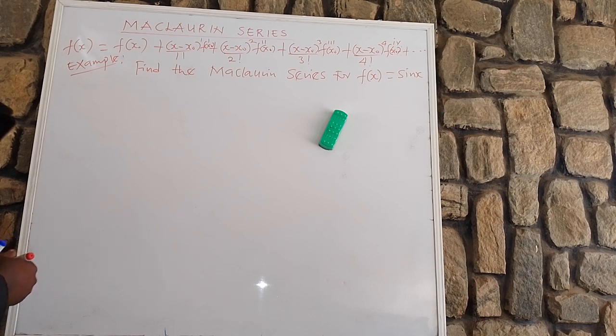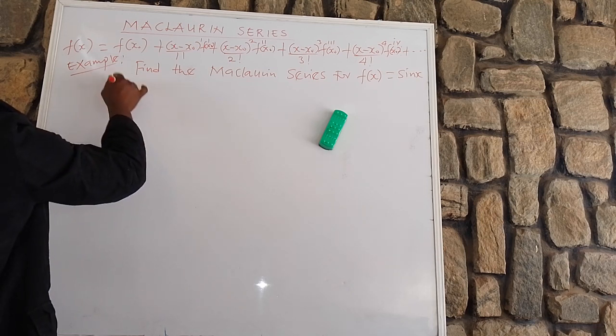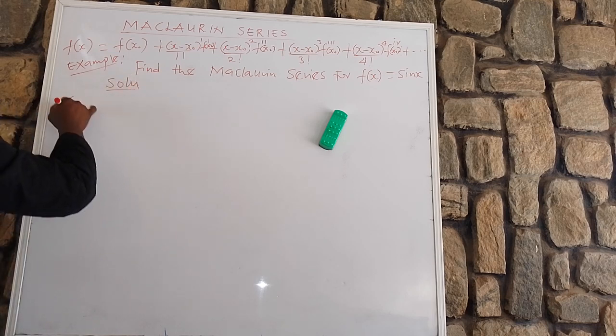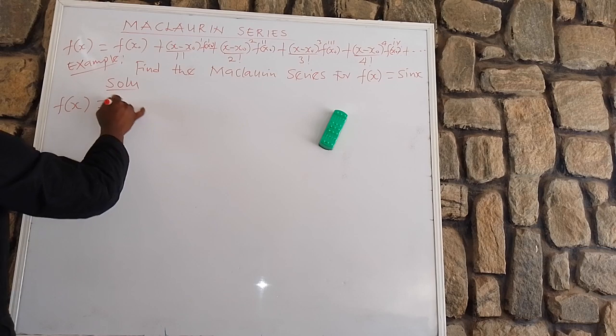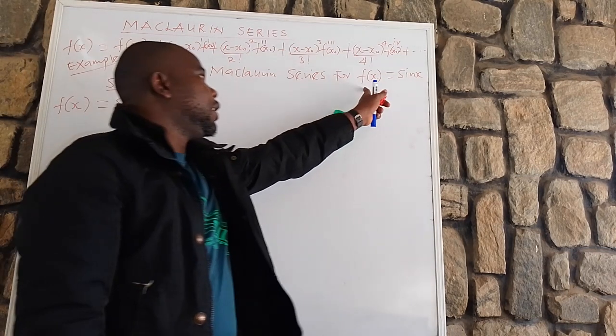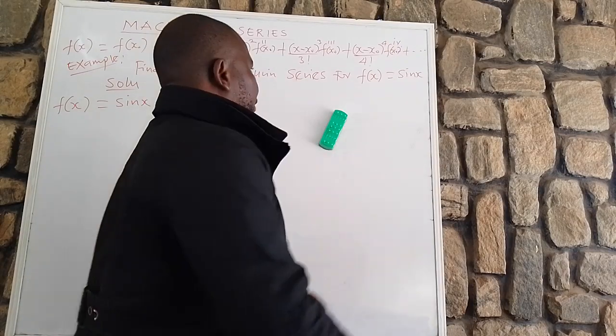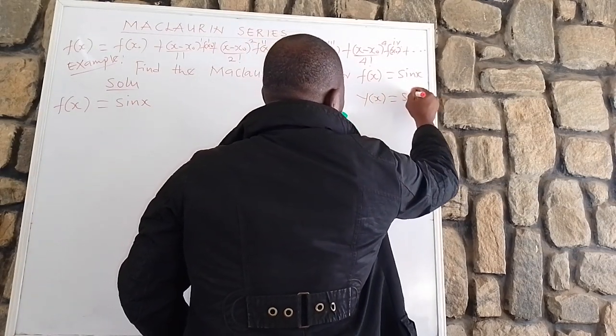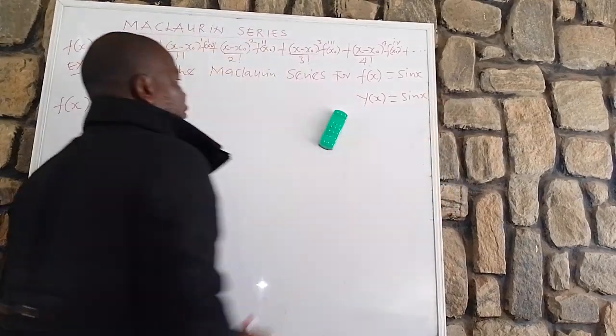It's not difficult. So what we need to do here, first we write the solution. The function is given as f of x equals sine x. Here we can bring it in this one, y of x equals, it is the same thing.